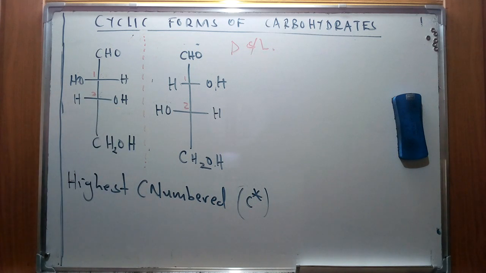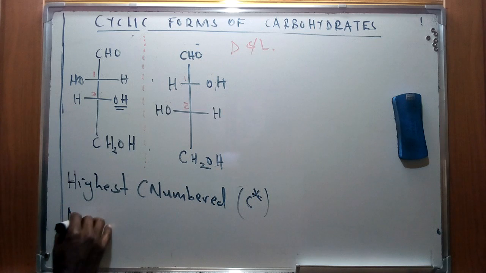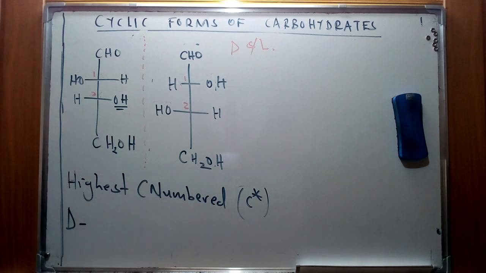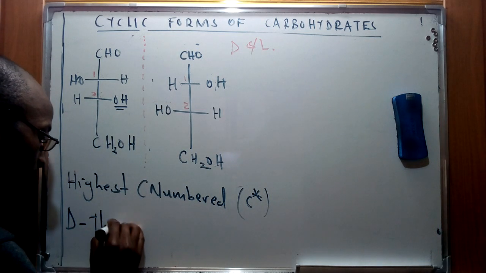Therefore, for the first one, if we find that the OH group is on our right side, we're going to give it a configuration of D, and therefore we're going to name this particular sugar as D-threose.